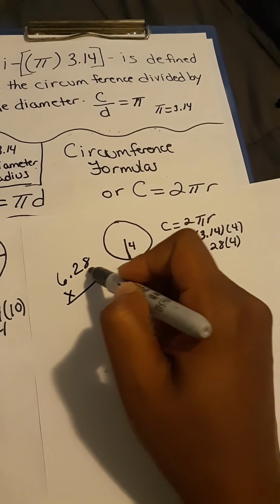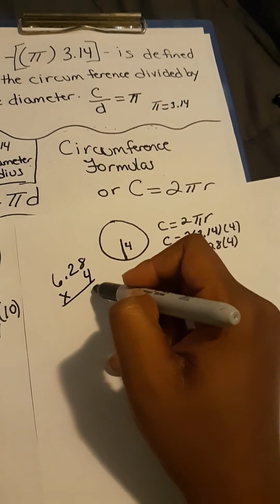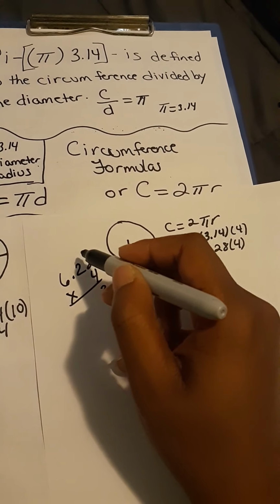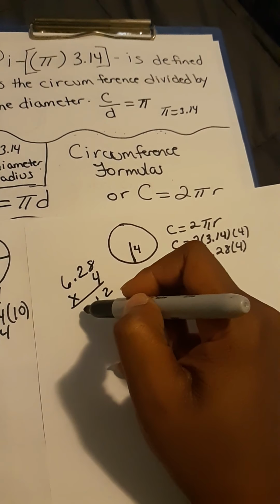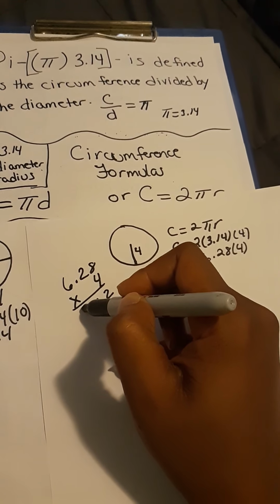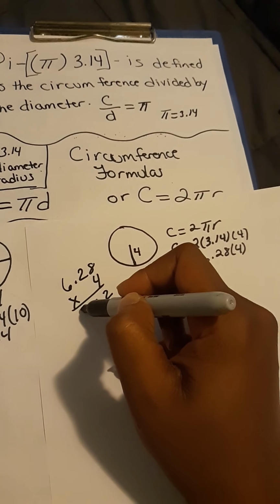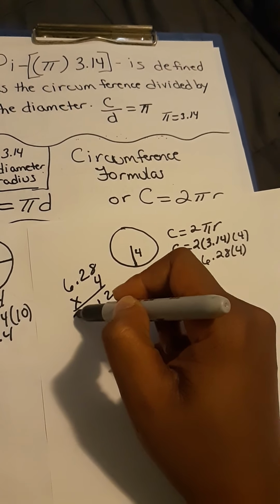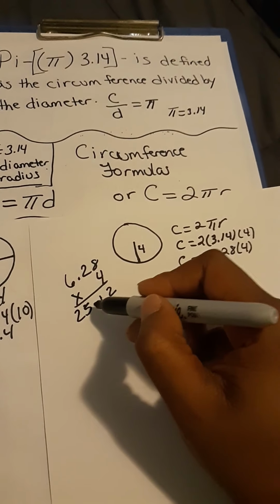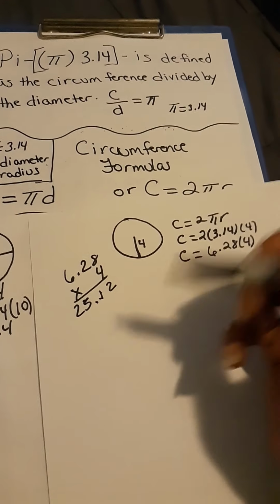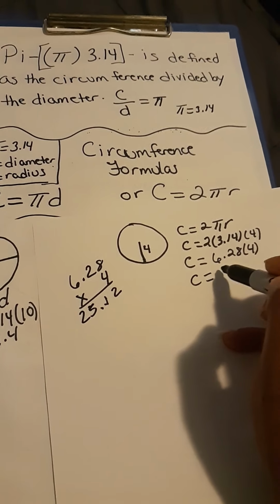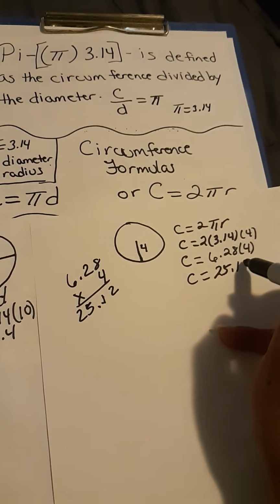I'm going to go longhand and do mine. So I end up with 25.12. So C is equal to 25.12.